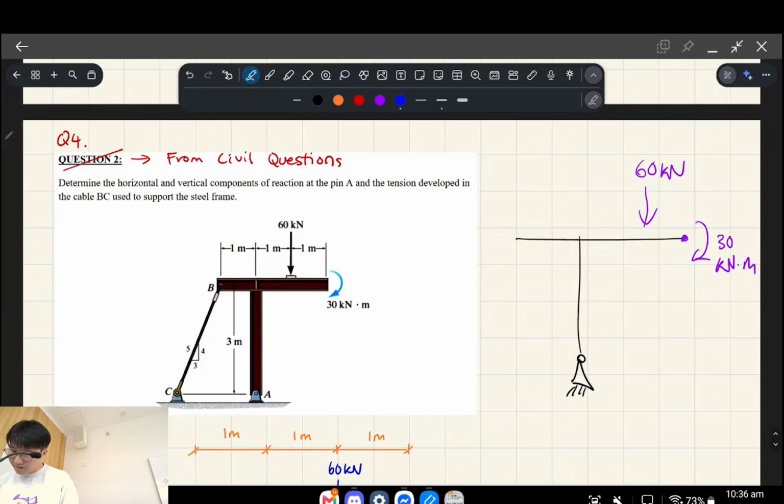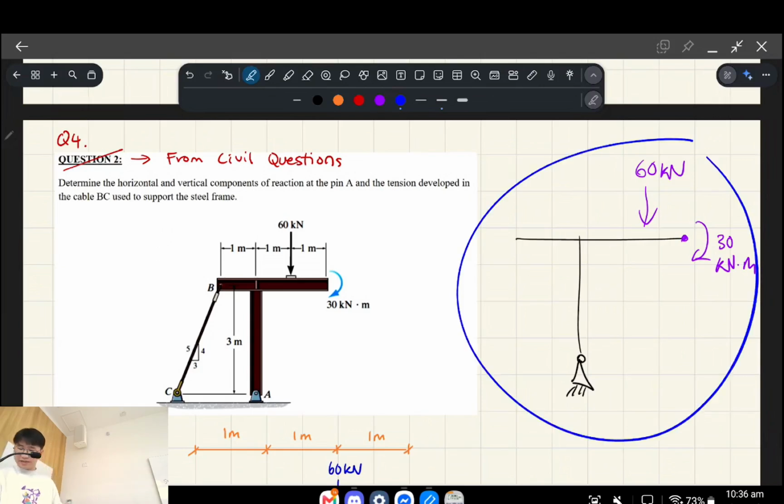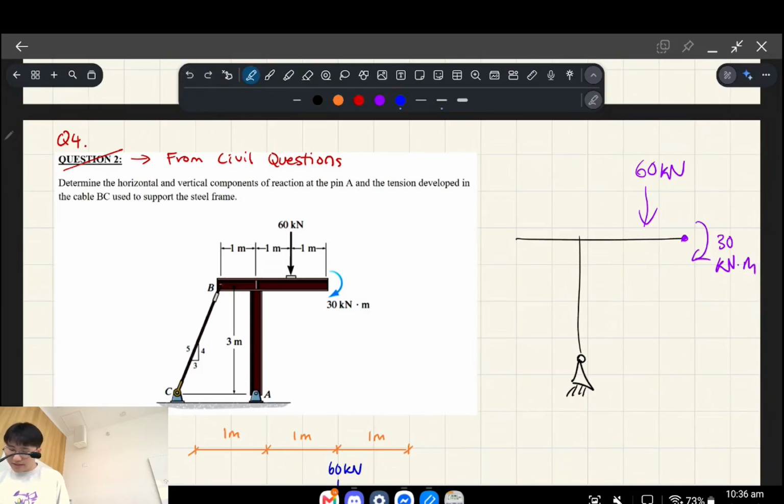Okay, so if this structure was, as you see right here, it's actually unstable, right? Because this whole thing would topple over and collapse. What we've got is a cable, right, that goes this way, and it's in tension, okay? So the way that cables work essentially is that if it's in tension, it'll do something.